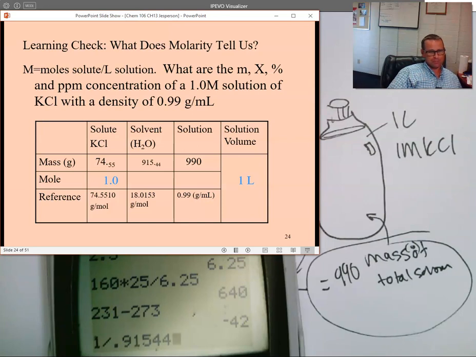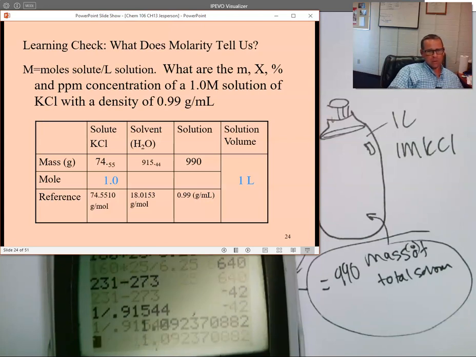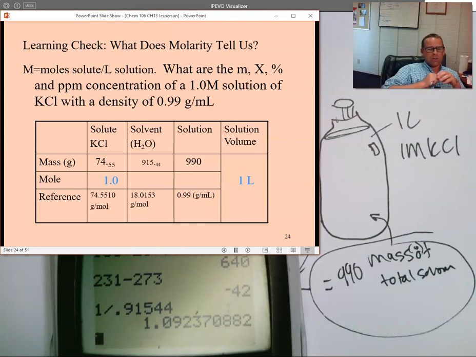So 1 mole over 0.91544 kilograms. That's right. Very good. 1.09227. All right. Very good. So that is our molality.